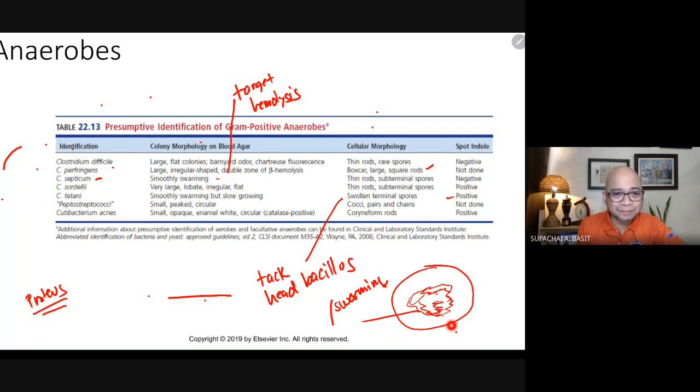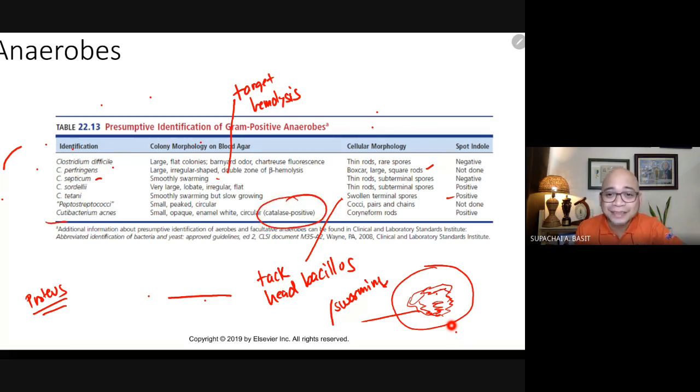Peptostreptococcus would have small, circular colonies, and they are cocci that could occur either in pairs or in chains, and we don't usually perform spot indole tests for this particular organism. Cutibacterium acnes is characterized by small, opaque, enamel-white circular colonies, and we usually perform catalase tests for these organisms.